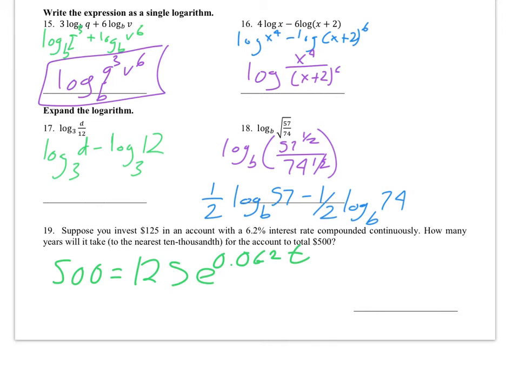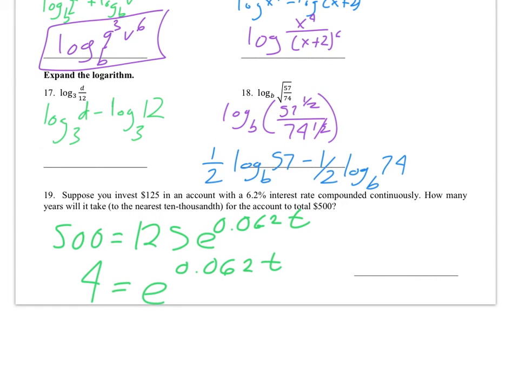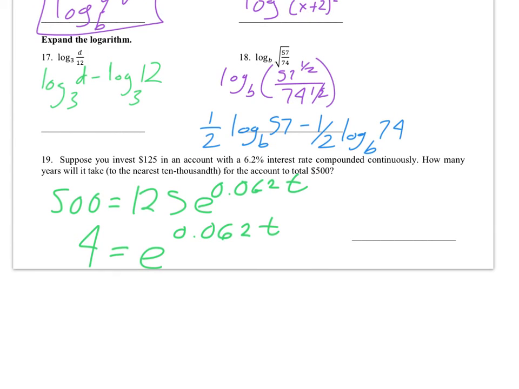So we would divide the 500 by 125. And when we do that, we get 4, and that will equal e to the 0.062 times t. Now, we have the power isolated, so we can write this in log form. So since it is a base of e, that would be a natural log of 4 is going to equal the 0.062 times t.